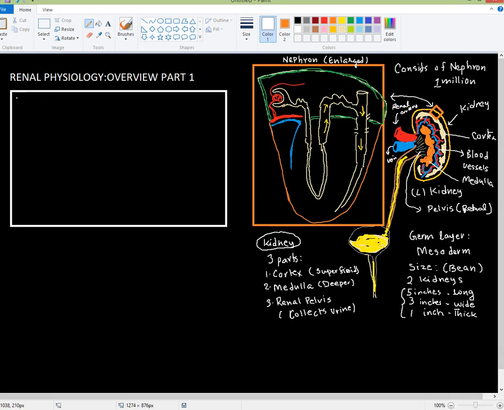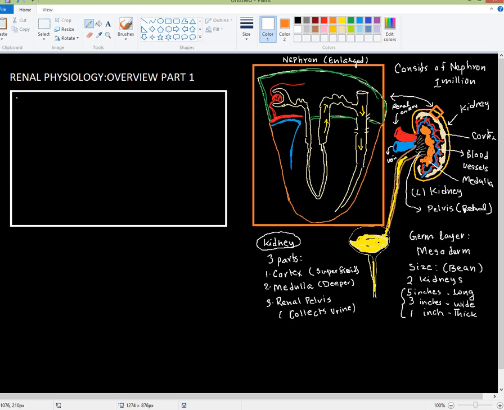So the blood enters through the renal artery, and there are many branches, and after that it goes to the arteriole, and then what is not filtered comes out from the efferent arteriole, and then it goes towards another capillary network, which could be either peritubular or vasa recta, depending on the position of the nephron in the kidney.